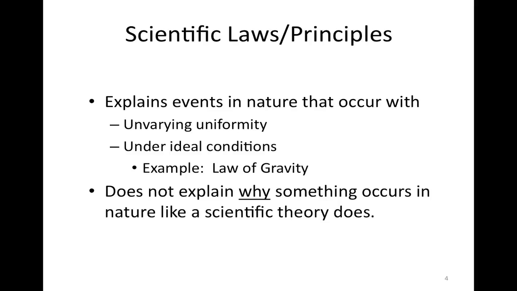Me dropping my keys from my hand to the floor, you can write one very simple mathematical equation to explain that motion. If you try to do that with a theory, it would be impossible. There are so many interweaving ideas that go on with it that it would probably be thousands and thousands of pages long if you even attempted it.